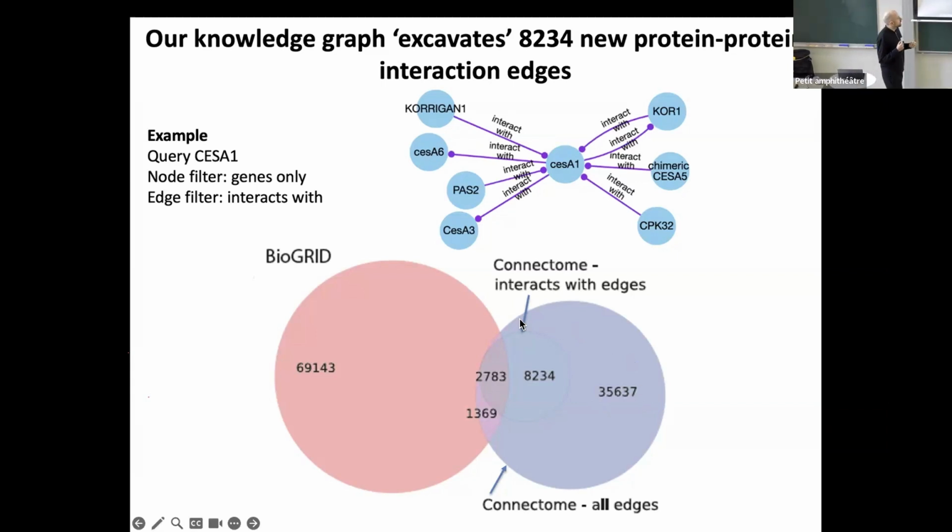And I would argue that our interactions are probably better because BioGrid contains things such as just the outputs from yeast two-hybrid, while our interactions are based on somebody actually writing that protein A interacts with protein B. So I would argue that our interactions are probably more solid.